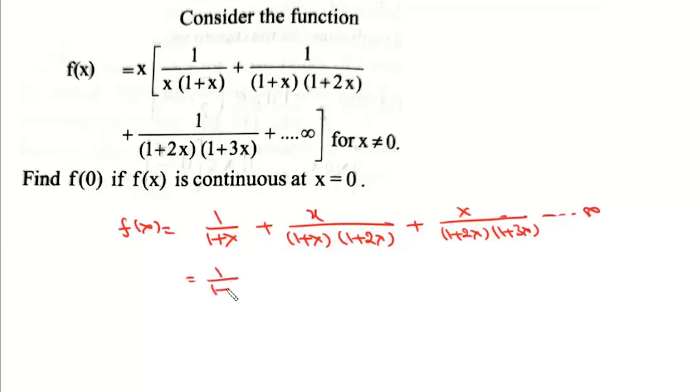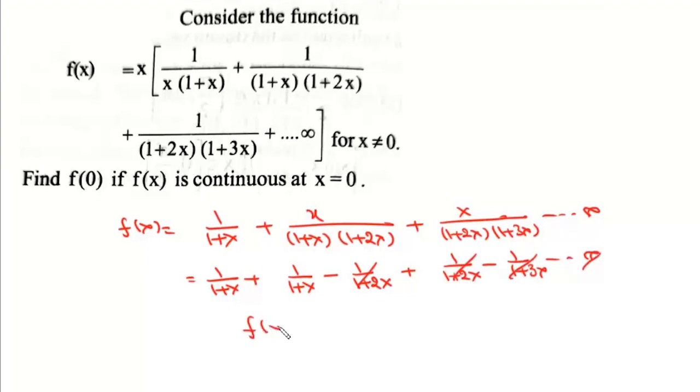Now this is 1 upon 1 plus x, and we'll split this using partial fractions. So it will be 1 upon 1 plus x minus 1 upon 1 plus 2x. In the same way, we can write this as 1 upon 1 plus 2x minus 1 upon 1 plus 3x, up to infinite. Now all these terms will cancel.